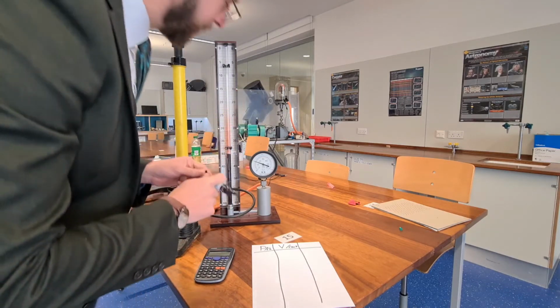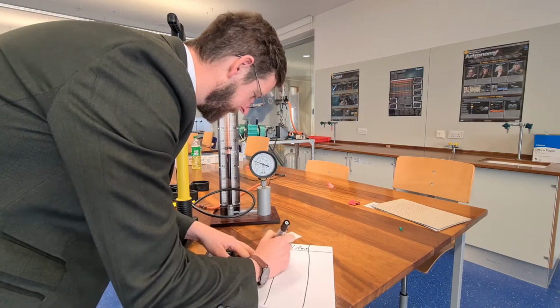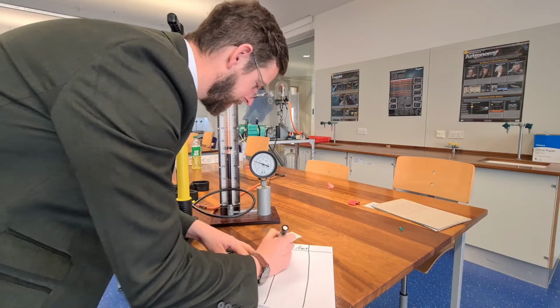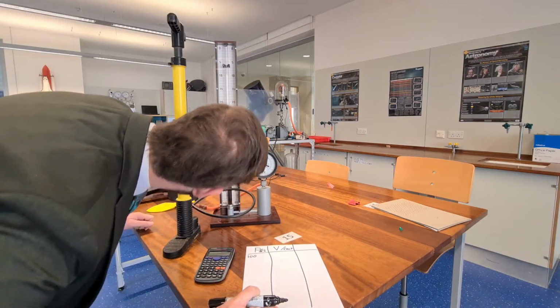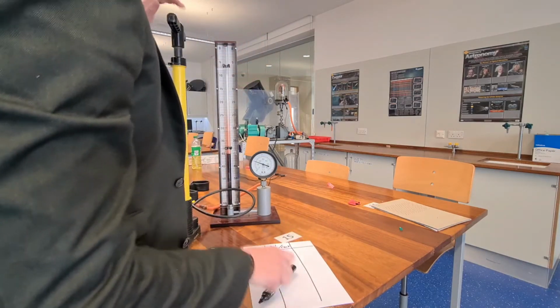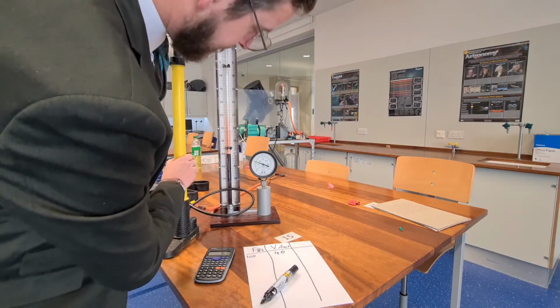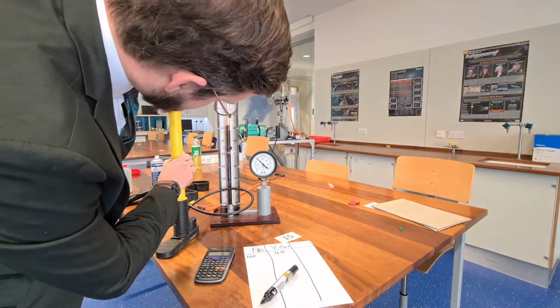To start with, the starting pressure is 100 kilopascals. So let's put the kilo at the top just to make it simple. 100, and the volume of the gas is exactly 40 centimetres cubed. So let's go to, what should we do?